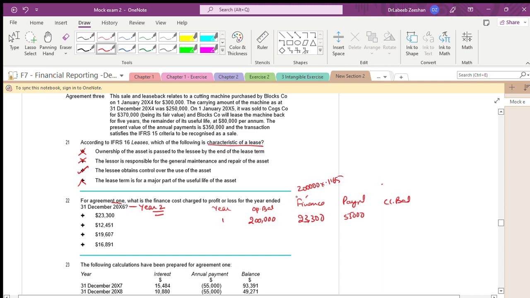Column 5 is equal to column 2 plus 3 minus 4, that is 200,000 plus 23,300 minus 55,000. It is 168,300.